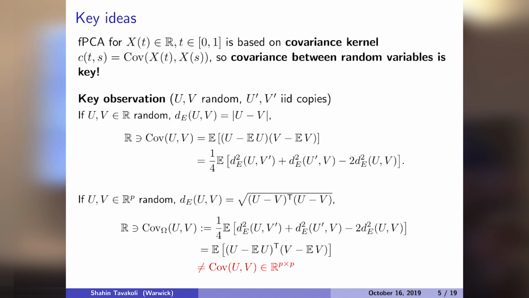If I have random vectors, I can take the covariance between them as defined by this formula. You notice that this is the expectation of the inner product between these things. So it's not the usual covariance, because this thing is real. This metric covariance is real, but the usual covariance is a matrix.